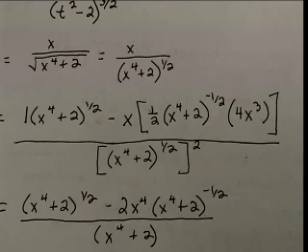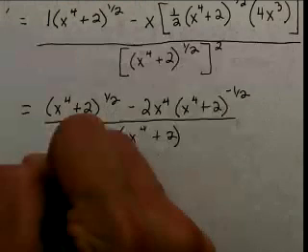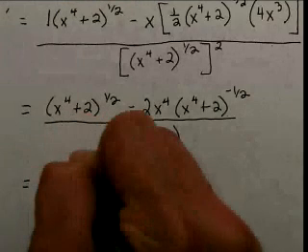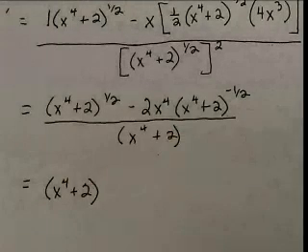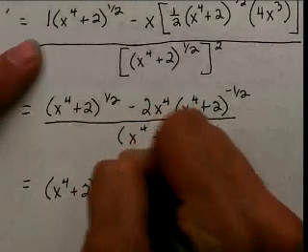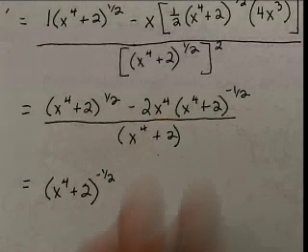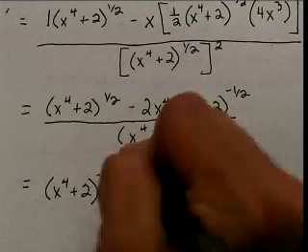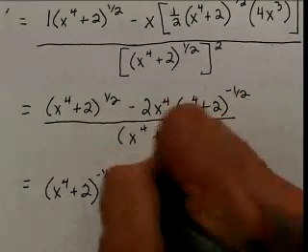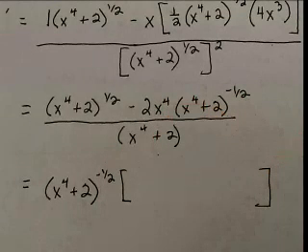Factor. I can factor out an x to the 4th plus 2 to what power? Lowest power is negative 1/2. When I factor out something that ugly, I know I'm going to have parentheses left. So I'm going to use brackets and then parentheses inside the brackets.